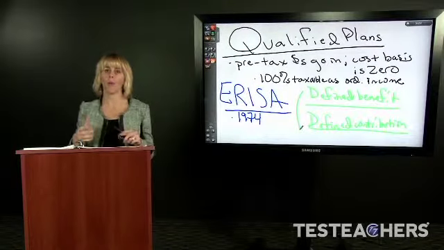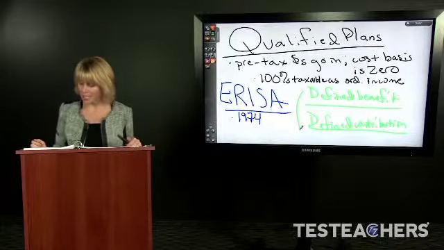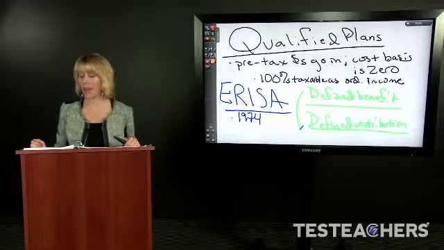How they're set up is slightly different. So a defined benefit plan promises a specific monthly benefit at retirement, so how it's funded depends upon the formula that's used as far as what is the person's promise. What is their promise is probably a bad word to use.